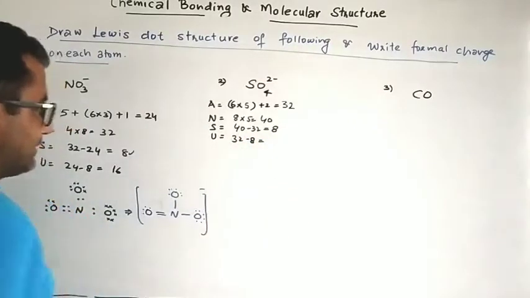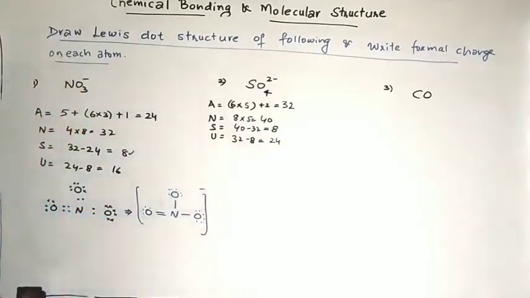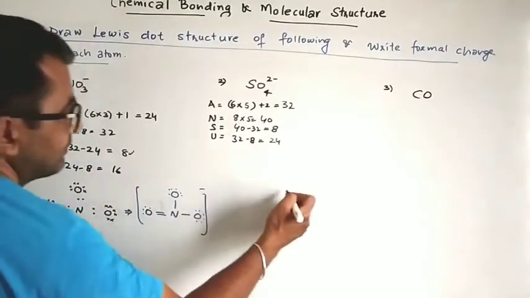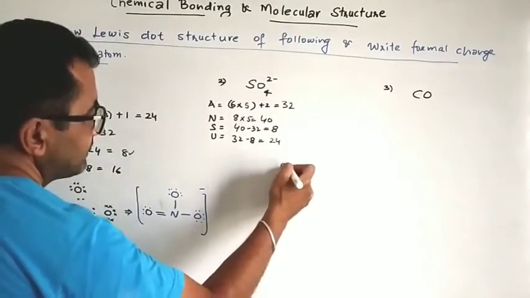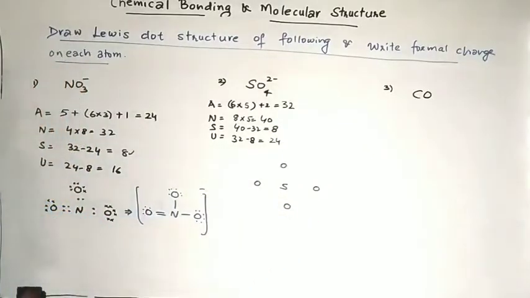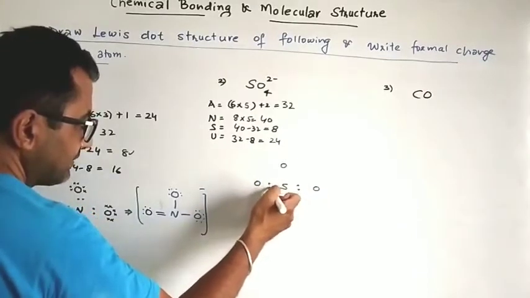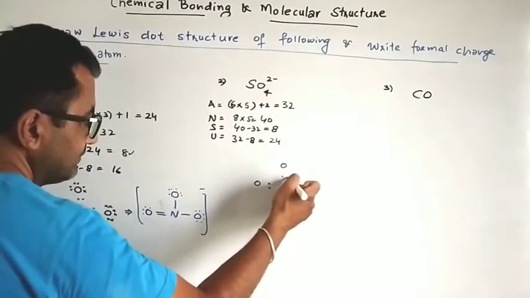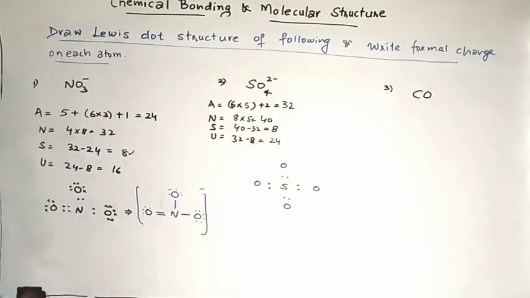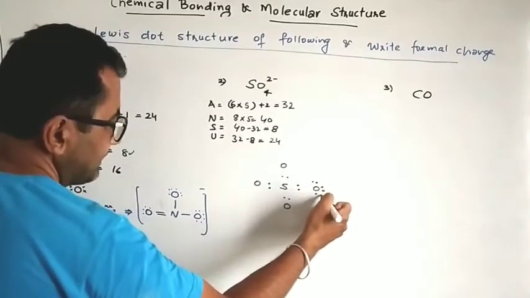32 minus 8, so 24 are unshared. For sulfate, put the shared 8, so 2 will come on each side. Now for unshared, give 6 to each oxygen.